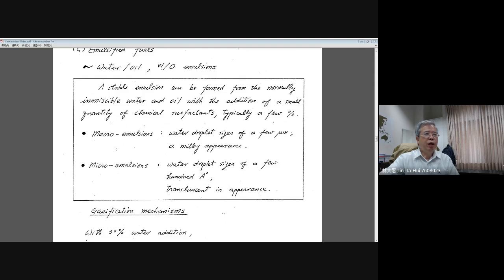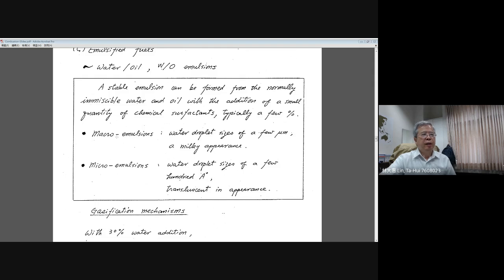Then, if you try to increase your mixing intensities, the mixing level will go to a few hundred Angstroms, which is much lower in size scale. Then the older droplet's appearance becomes transparent, and here we call this micro emulsions.